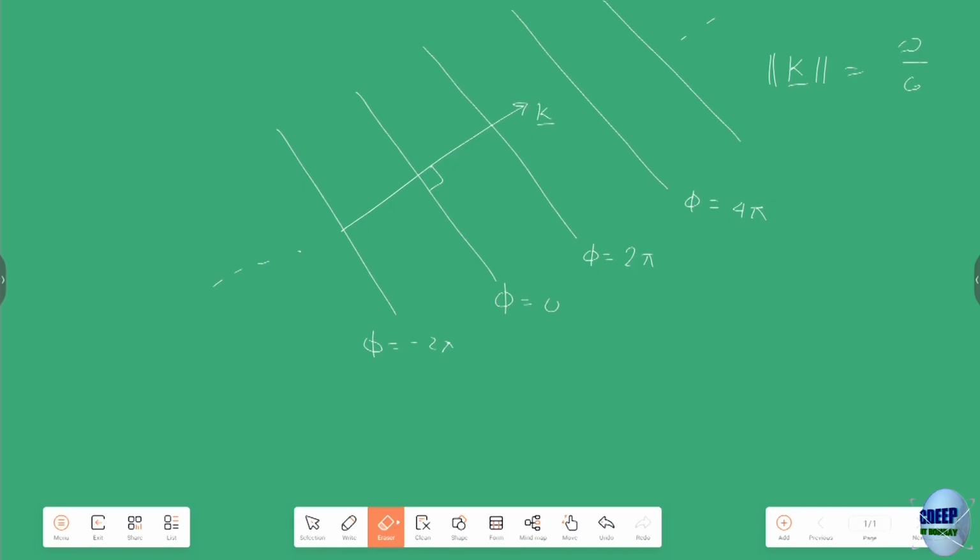Is that clear? So the mathematical thing is that we posed the solution as some A e to the power i omega t minus kappa dot x. So that is what we posed, and then it turns out that kappa is related to the physics as such.